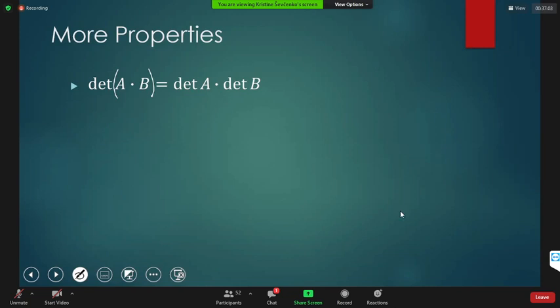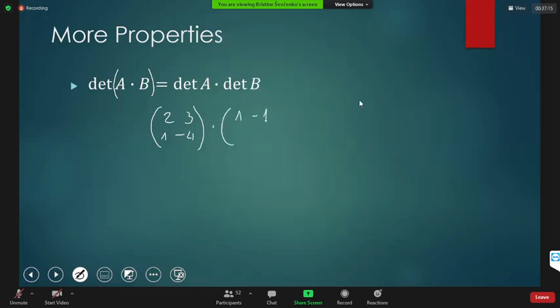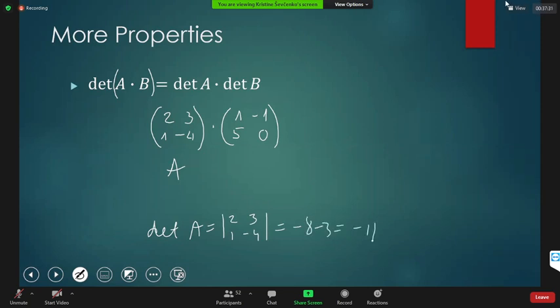Let's take something simple and small. Let's take 2 by 2 matrices. 2, 3, 1, minus 4. Let's multiply it by 1, minus 1, 5, 0, for instance. If this is the matrix A, then the determinant of A, with 2, 3, 1, minus 4 between straight lines, is minus 8 minus 3, which is minus 11.